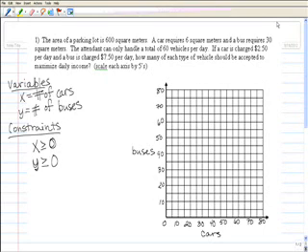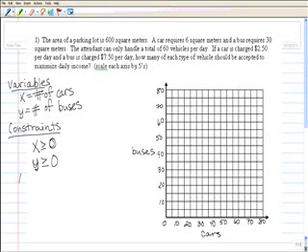Okay, and now we know that each car requires 6 square meters and a bus requires 30 square meters. Altogether, the parking lot is 600 square meters. So that tells us the space between the cars and the buses must add up to no more than 600 square meters.